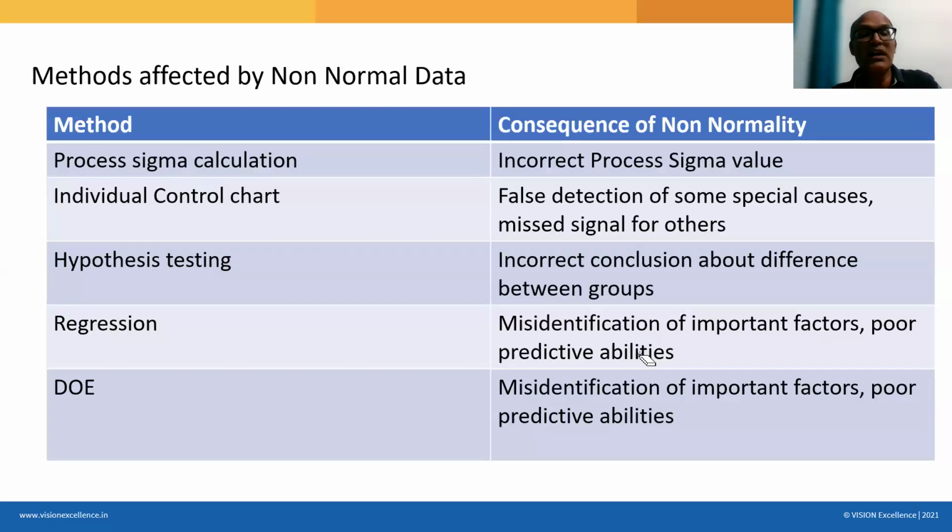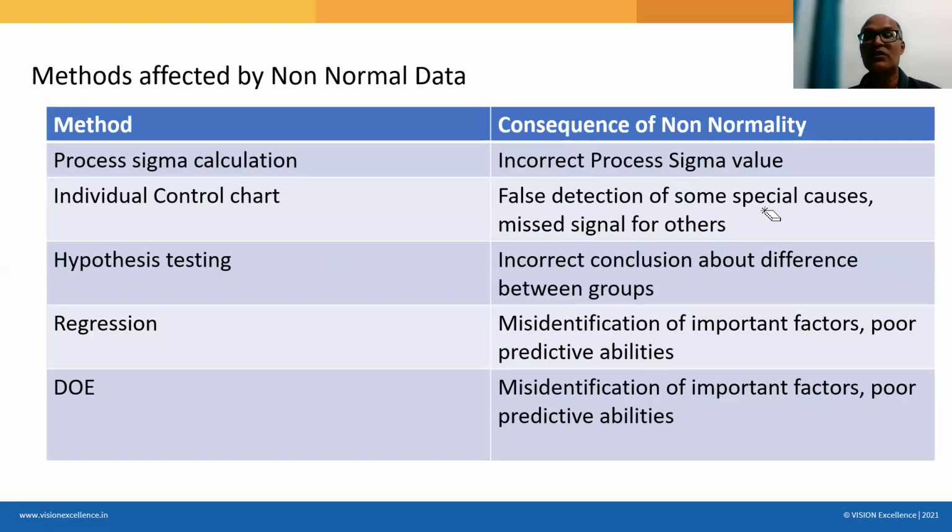So there are some more consequences. Process sigma calculation I already told you, right? Sometimes the data may be normal, the data may be non-normal, but the distribution is wrong. Sometimes we will think that there are some special causes in it, but there is no special cause.